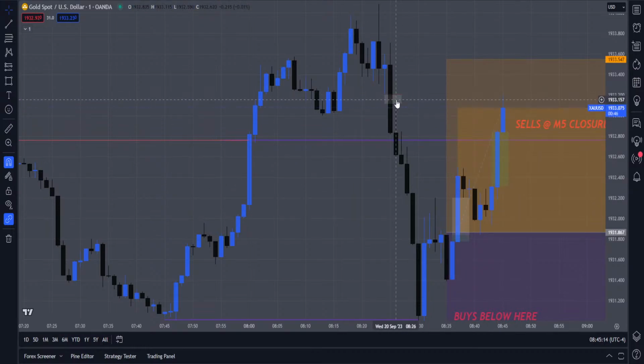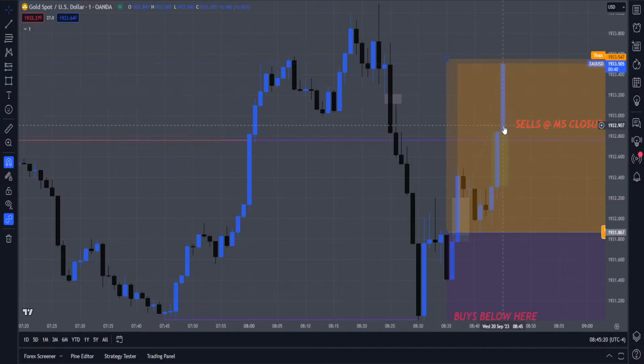Okay, so it's tested this area right here, which is also this last big green up move, so we should be able to hold here. Does it hit stop loss here? It's a little bit close. It may hit stop loss. We're not going to move stop loss any higher. If it does hit stop loss, it hits stop loss.